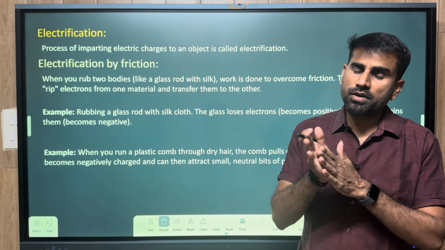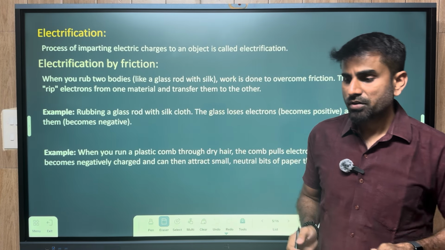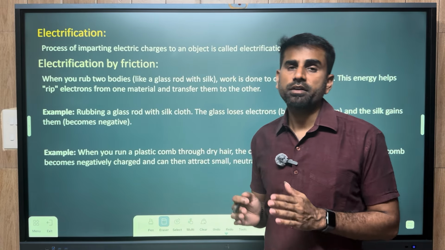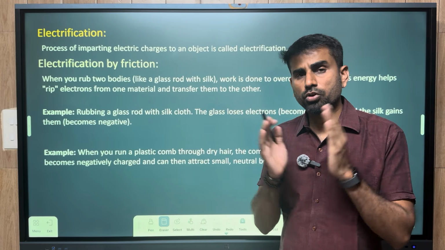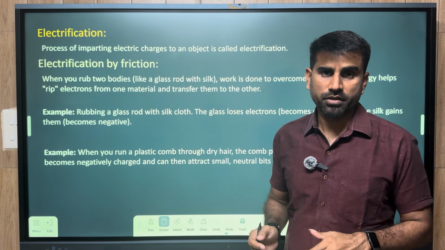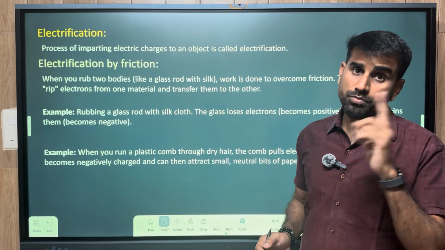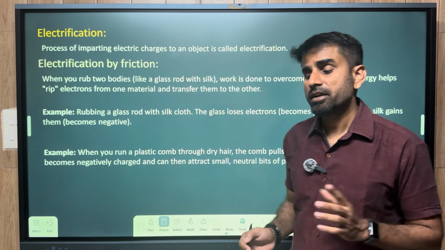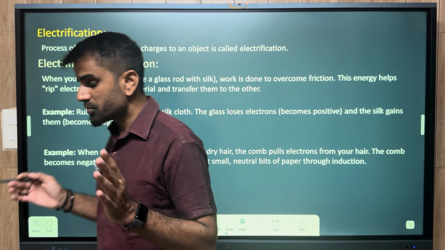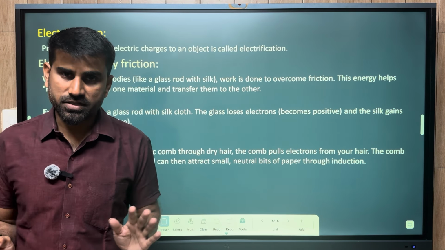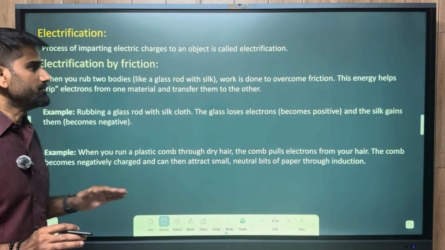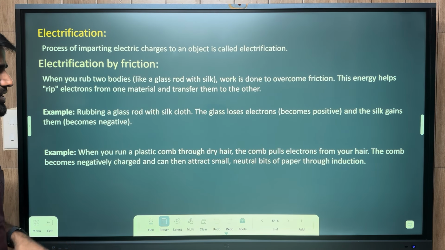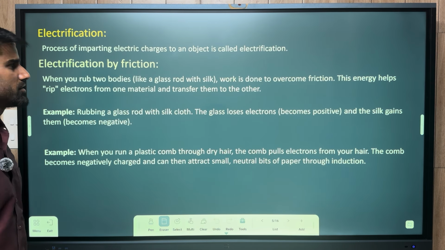When we rub two bodies together, both the objects get electrified, where one object gains positive charge and the other gains negative charge. Two objects gain charges of different polarity.